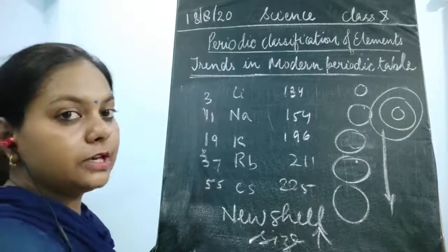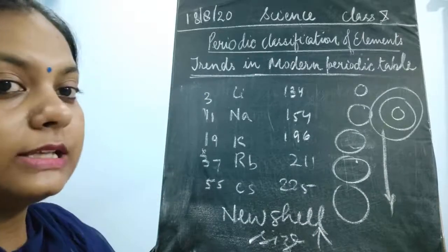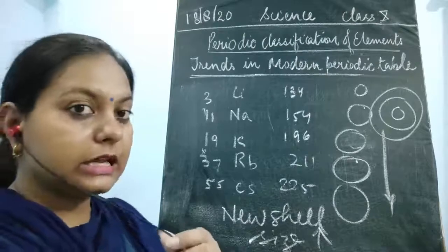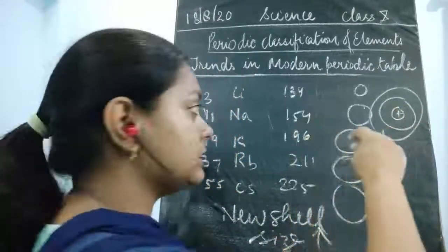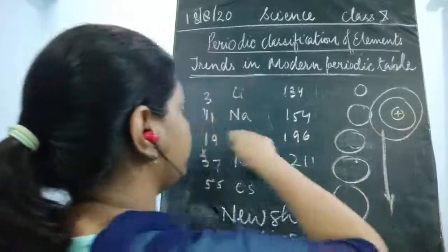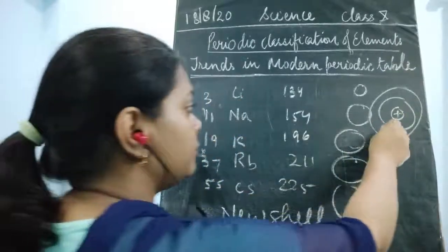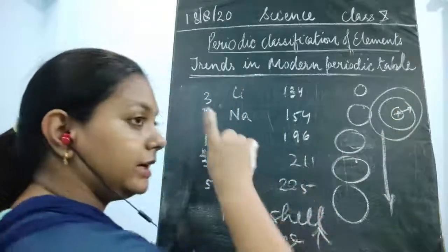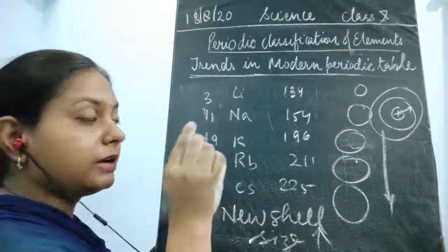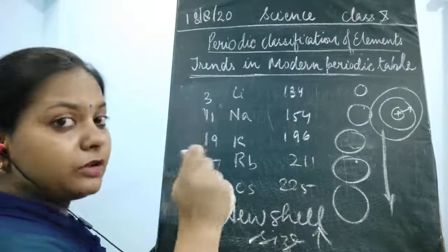So if the new shell is added, what is happening here? Please understand this. The positive charge is not increasing, the atomic number is 3 only. So 2 shells are there here, and the effective nuclear charge is not able to attract the electrons which are revolving.